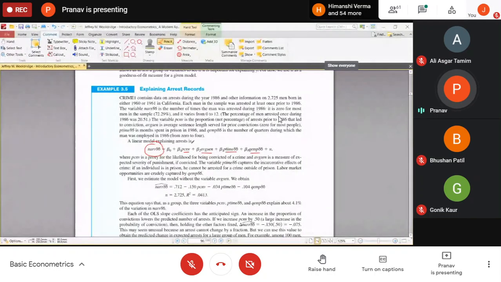That is my first independent variable. What was the average sentence length that he served for the prior convictions? What is the time spent in the prison? And the number of quarters during which the person was employed in the year 1986.